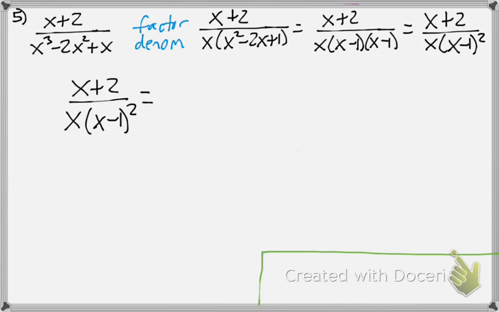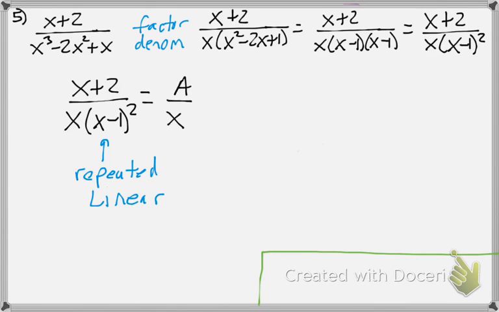Now this one's going to be a little bit different, so we have a couple things going on here. The x, that's just a normal linear term, so that's a. But the x minus 1 squared, this is what's called a repeated linear term or linear factor.